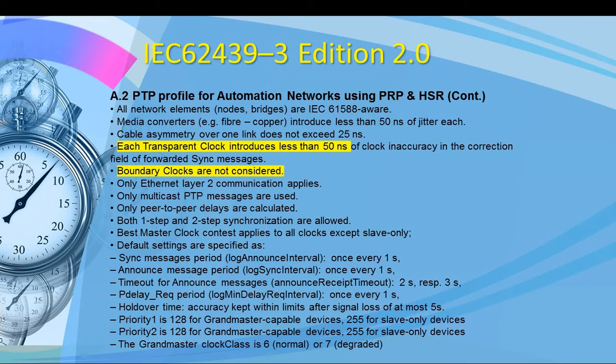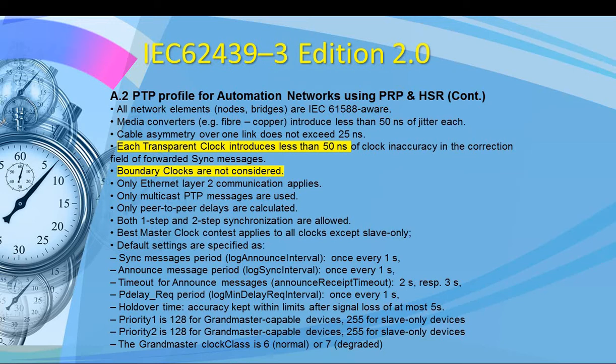This profile includes the following major parts. All network elements must support 1588, including the media converter, with an accuracy requirement of 50 nanoseconds. Transparent clock accuracy requires 50 nanoseconds per hop, and boundary clock is not supported.